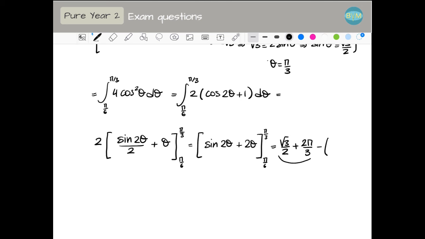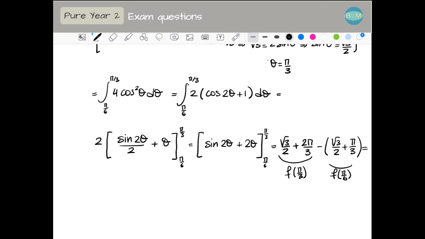Minus, so this is f of pi over 3, and then I do f of pi over 6. I would write the bracket so you don't make mistakes with the minuses. For pi over 6, I have sine of 2 pi over 6, or sine of pi over 3, which is root 3 divided by 2 again, plus pi over 6 times 2, which is pi over 3.